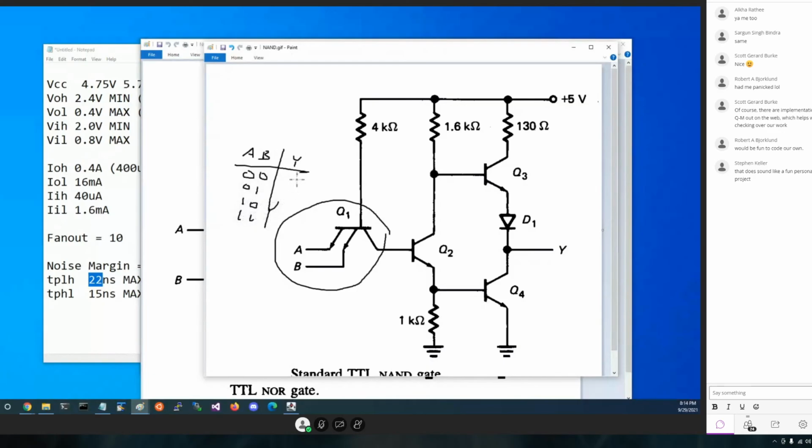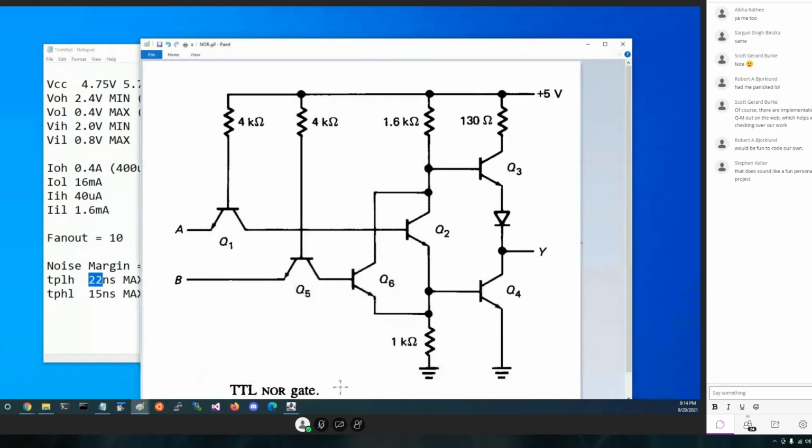The outputs in these, because this is a NAND gate, should be 1, 1, 1, 0. For each of these cases, all 4 cases, you need to tell me what each transistor is doing. You just have a little piece of paper that says Q1 is on, Q2 is off, Q3 is on or off, Q4. Just list for me for each of these cases what all those transistors are doing.